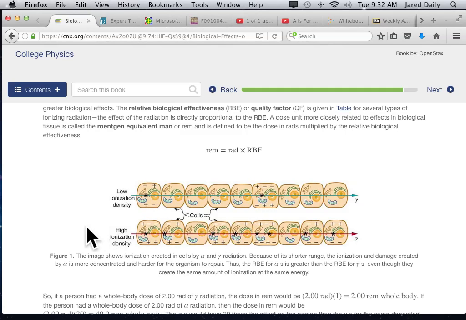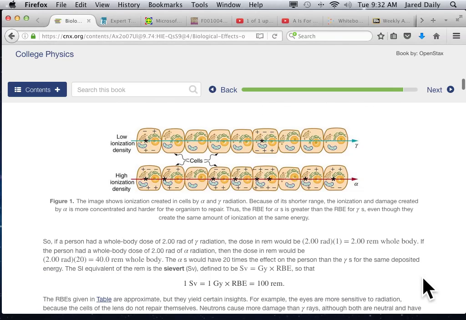And with the alpha radiation, you have a lot of ionization at the beginning, and then some ionization further in, and some further in. Essentially, different kinds of damage can be done. That's really how you can see it.